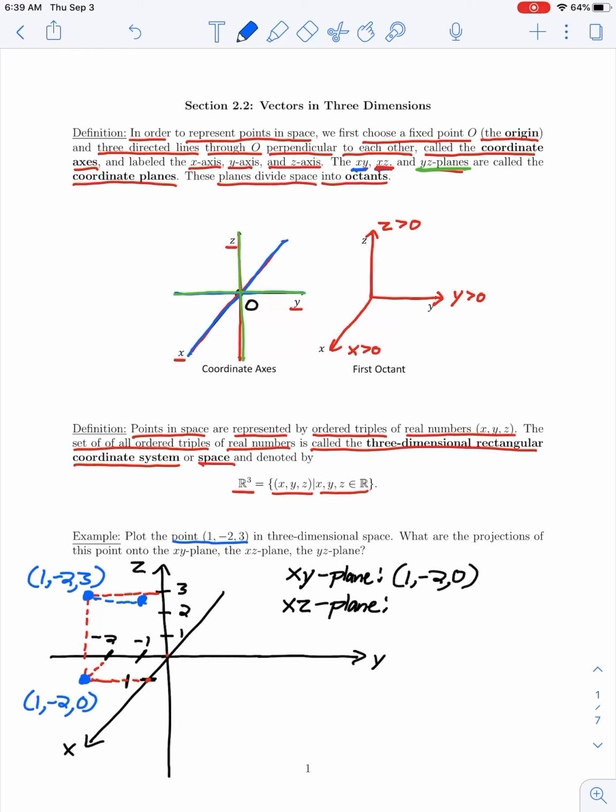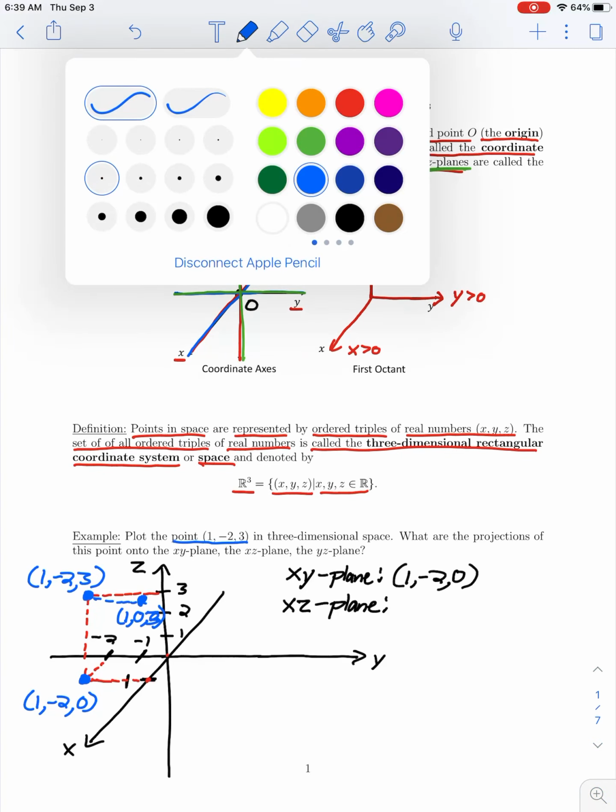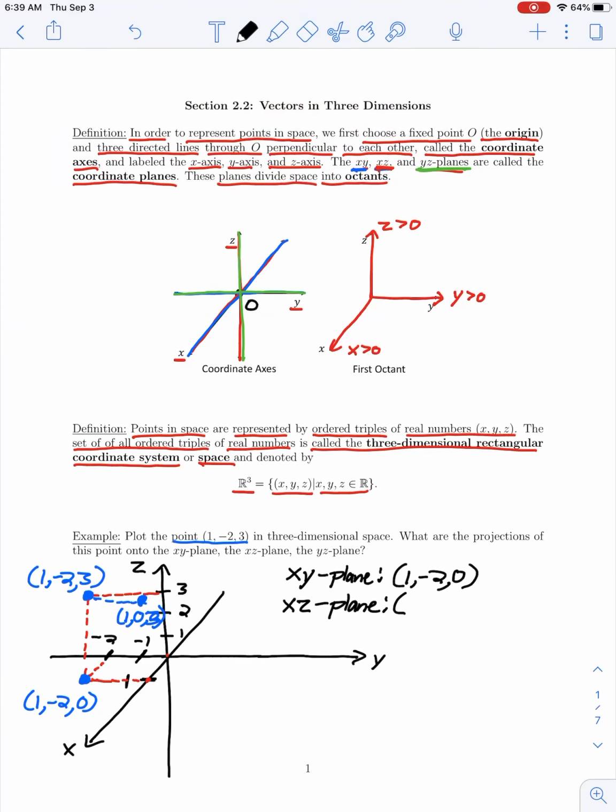So we would see that our projection here has an x-coordinate of 1, a y-coordinate of 0, since we're in the xz plane, and a z-coordinate of 3. So here we would have 1, 0, 3 for our projection onto the xz plane.